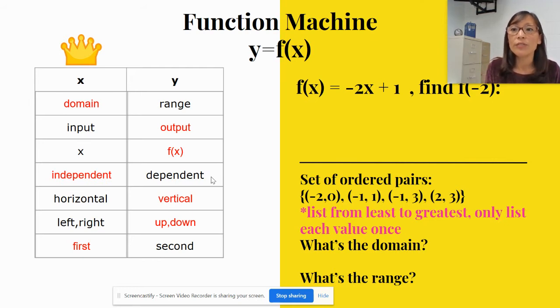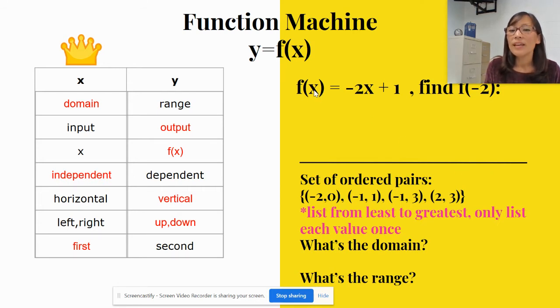When we're dealing with functions, we use function notation, and we like to say the function of x, or we shorten it and say f of x. Now, if you see f of x is equal to -2x plus 1, something like that, then you can often replace f of x with y, and that might help you see what is actually happening if you are graphing it.